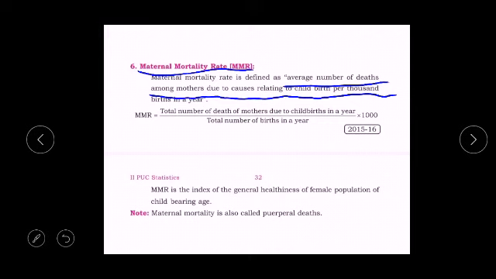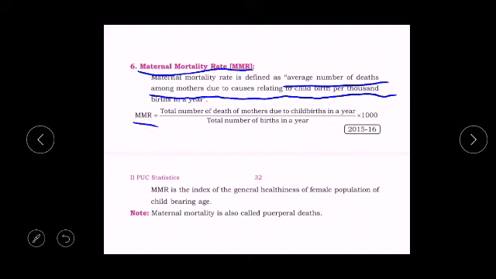Even if a baby was stillborn, and the mother also died, that is also taken into account here. Because the mother has died due to a childbirth cause itself, even if the baby died also, it is taken into account for the calculation of MMR.